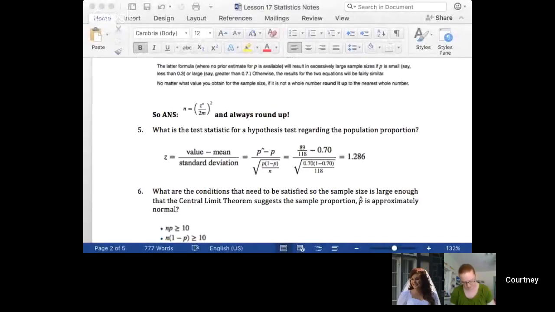My final answer was negative 0.228. Does that sound right?